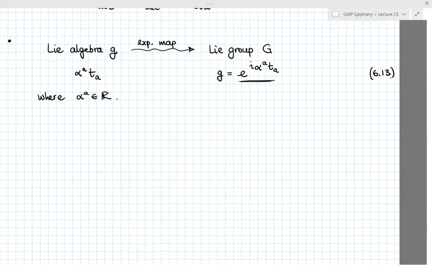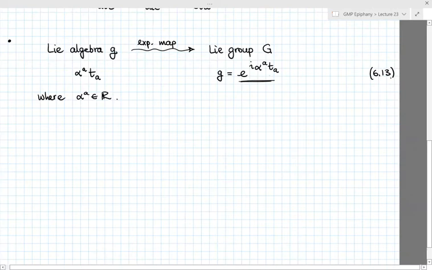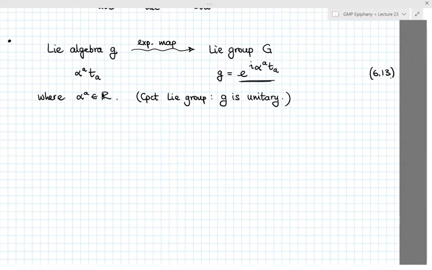And for a compact Lie algebra, as I said, in any representation, T^A are Hermitian, alpha^A are real, and therefore G will be unitary. So for a compact Lie group, G is unitary, which is useful in physics, especially in quantum physics, because unitary transformations preserve probabilities.